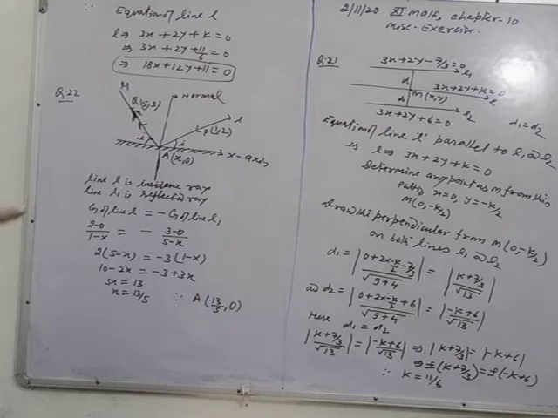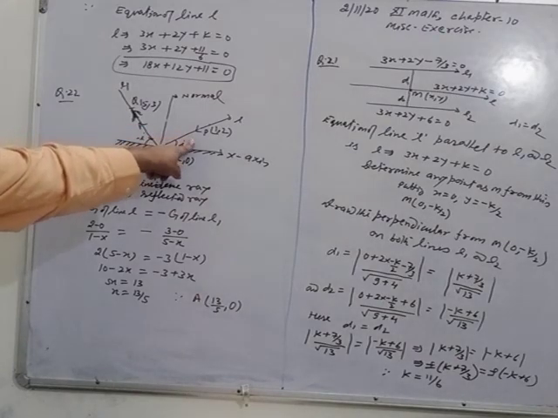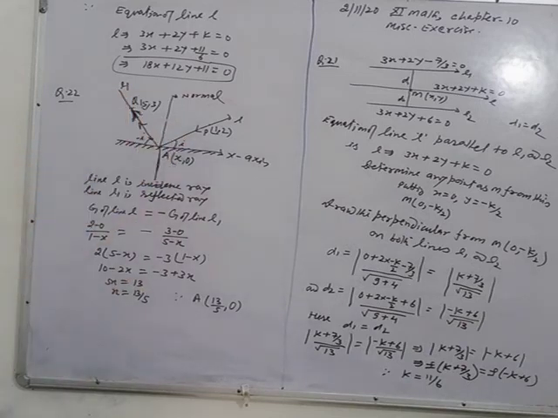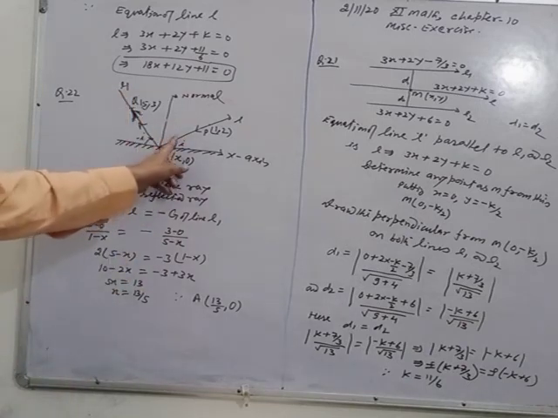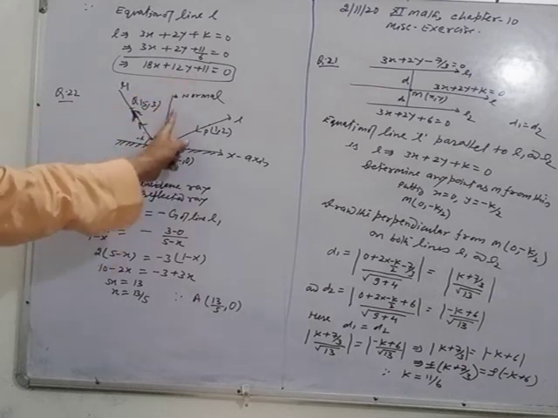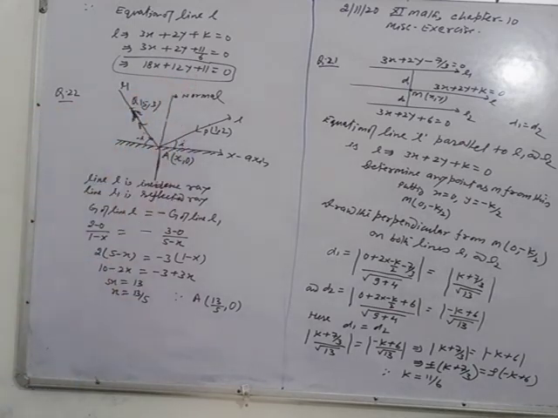Why? Because these angles, the incidence angle and the reflection angle, will be the same but opposite in sign. Because the incident ray is measured in the positive direction and the reflected ray is measured on the negative side, means clockwise, and the other angle is anti-clockwise.